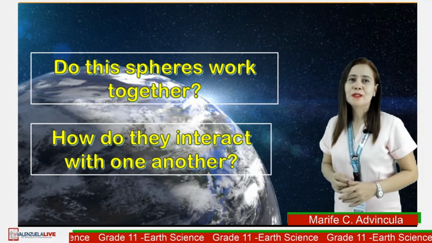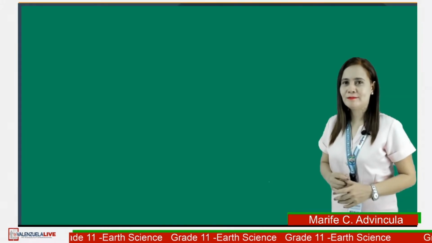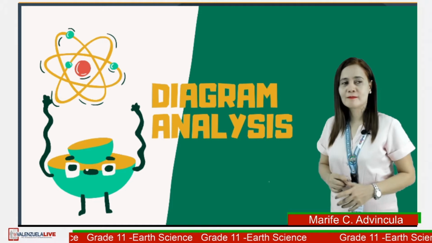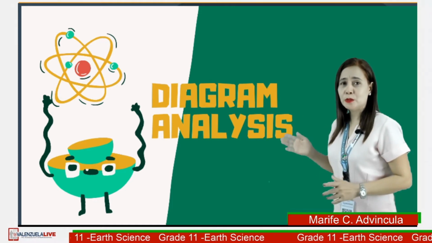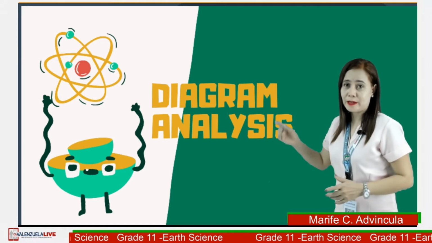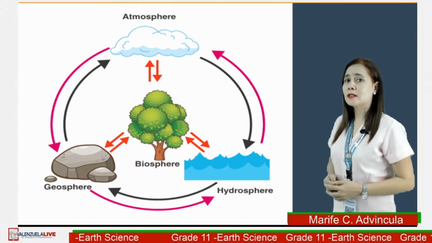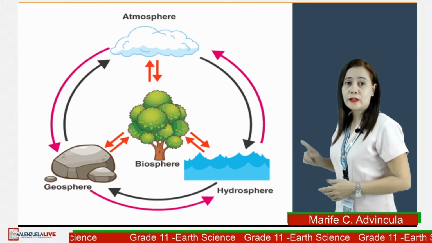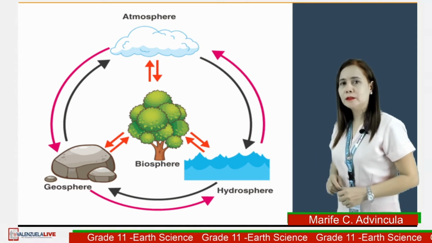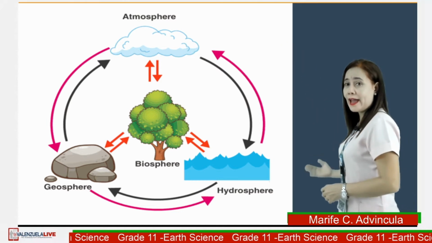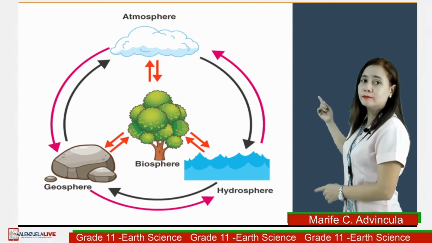Let's do a simple activity. All you need to do is to observe the diagram here and describe how the subsystems interact with one another. For example, how the atmosphere interacts with the hydrosphere and vice versa.